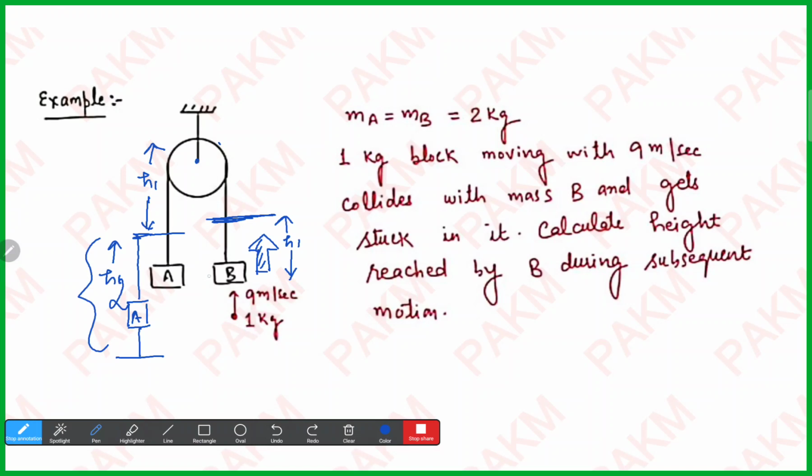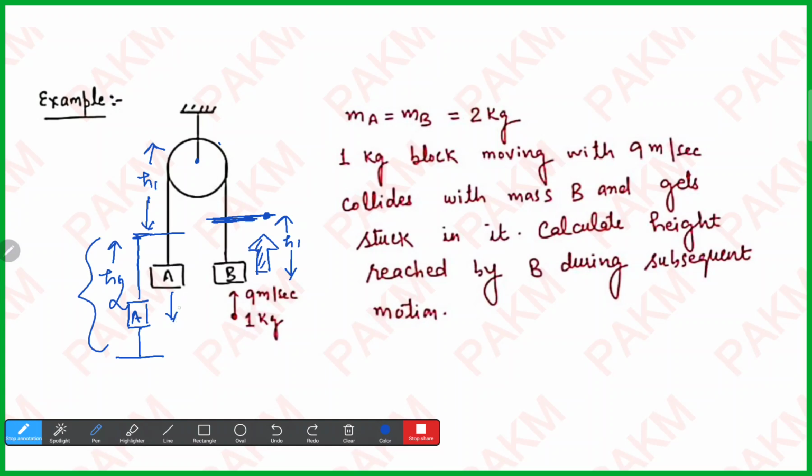But once B has reached this height and A goes down simultaneously, there is a jerk. Because of that jerk, both blocks get jerked, and since A is moving downward, it will surely continue the motion.